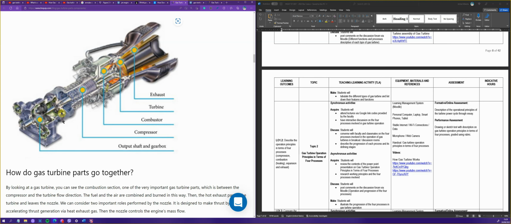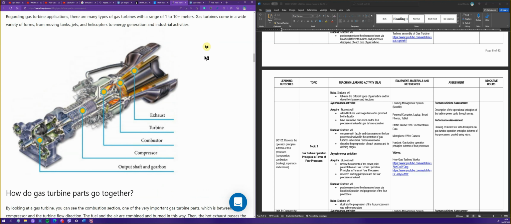Tapos kunwari generator to, nandito yung generator sa kabilang dulo. Ngayon, kung mag-ooperate ka, ano kaya mangyayari? Mag-overheat yung makina mo. Eh, doon sa tao, ano mangyayari?